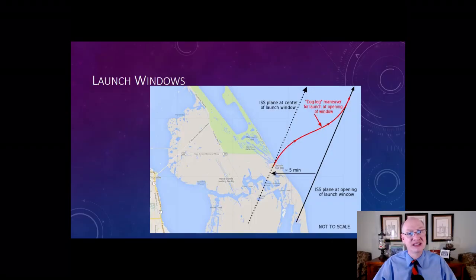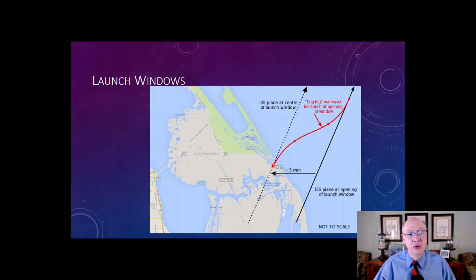Depending on how much mass they were bringing up to orbit, sometimes that launch window could be 5 or 10 minutes. And what that means is if they launch right at the beginning of the launch window, the plane of the International Space Station is not over Cape Canaveral. It's over here to the east, because remember, the land, because of the rotation of the Earth, is moving from west to east.